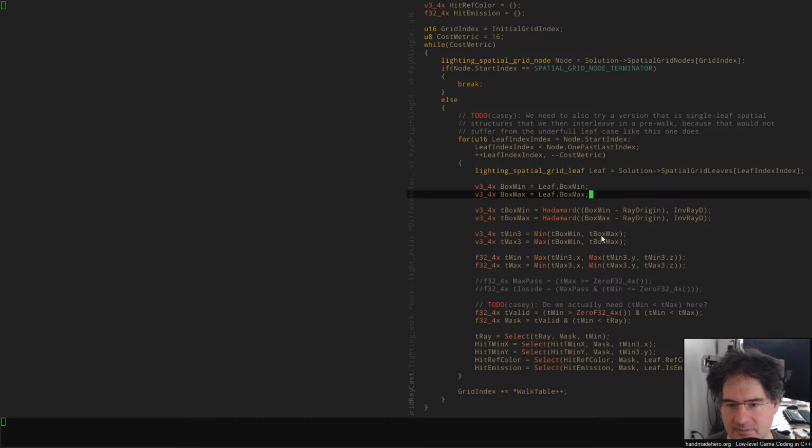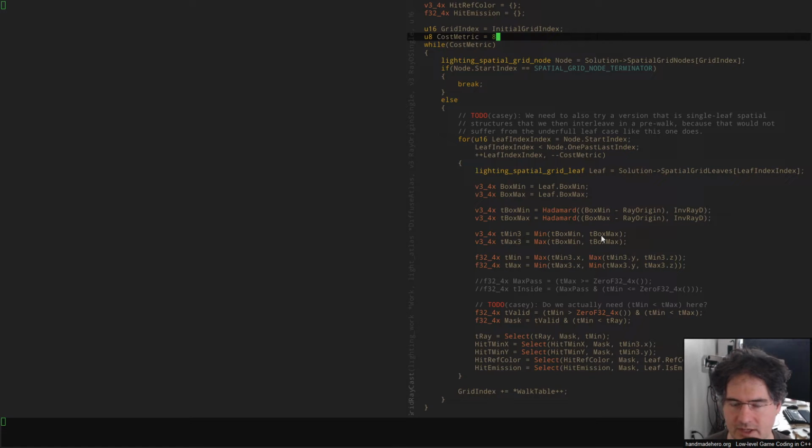Every time we've tested against something, we go down. This way we can set the number of leaves to something, and whatever that number is, that's the most we're going to do. So we test 8 leaves total or something, right?